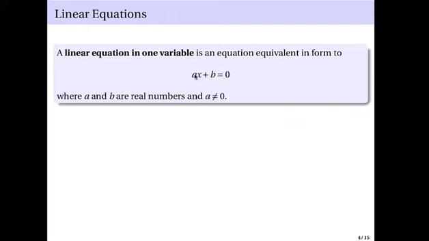So this ax plus b is a linear expression, and then we have equals 0. So this becomes a linear equation, where a and b are real numbers and a is not equal to 0.